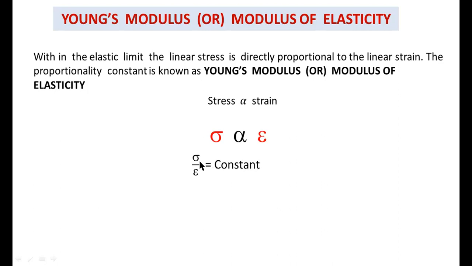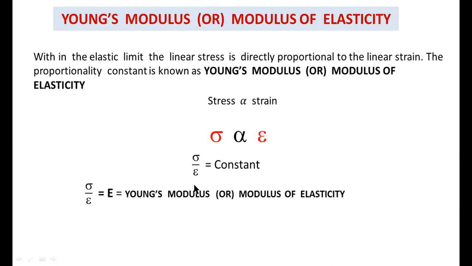This is the proportionality constant. So this constant is called Young's modulus. Okay. So here Young's modulus is denoted by symbol capital E. So the formula for Young's modulus is E equal to stress by strain, sigma by epsilon. It is very important for our subject, our problems. Okay, it is a very important formula for our problems.